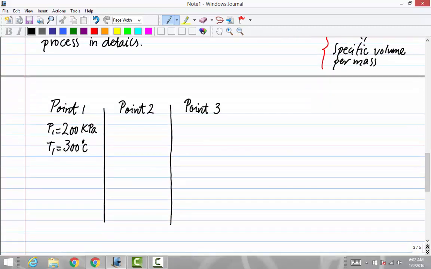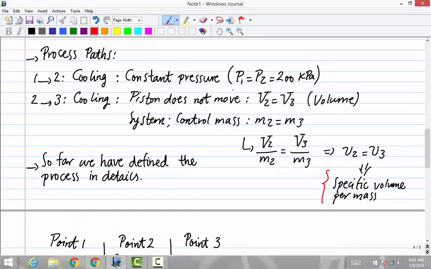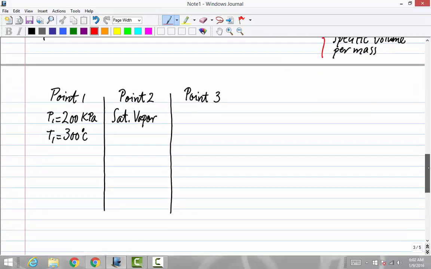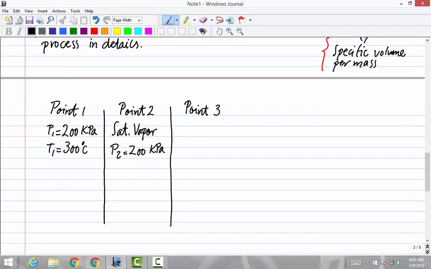Okay, so here I'm talking about saturated vapor. And do I know anything else? Oh, here, P1 equals P2, which means P2 is 200 kPa. Okay, and one more thing here. The second path, we proved that specific volume is constant through the second path.